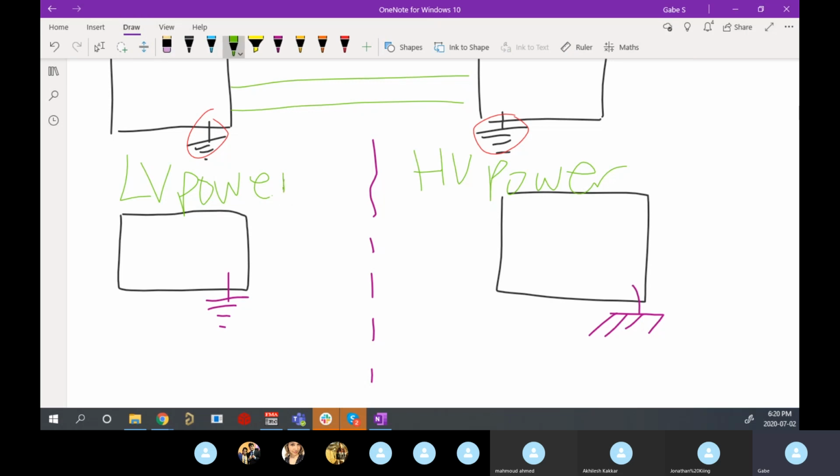The reason is mostly safety, where you don't want these grounds connected. So these are not connected at all. There's this barrier here that prevents them from being connected. Sometimes it's known as a floating system. Like this high voltage ground floats. It's not connected to the low voltage ground here. It's floating above it at some undefined potential.